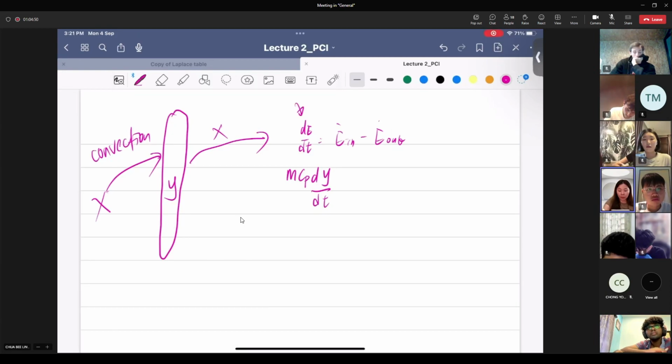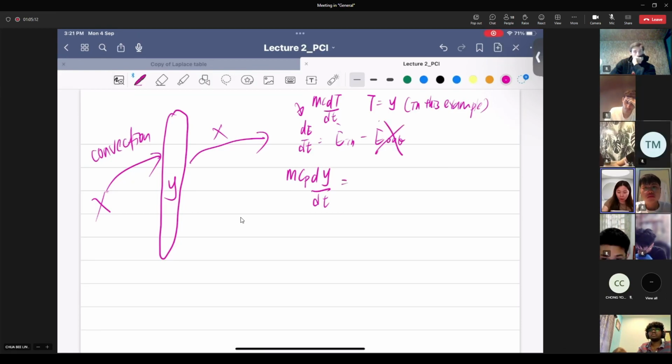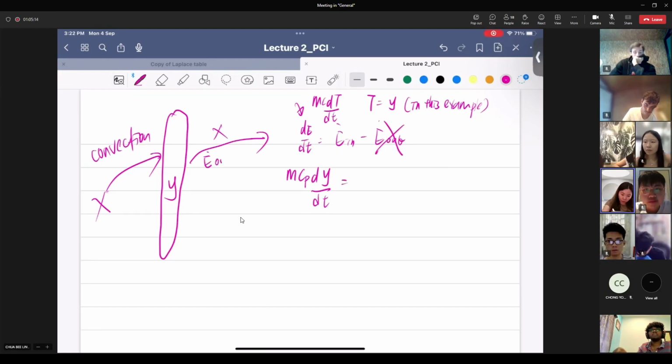So this is actually mc d temperature over dt time. Now your temperature is equivalent to the symbol Y in this example, hence I'm using dY over dt, equals to convection. So you do not have this E dot out, so E dot out equals 0.